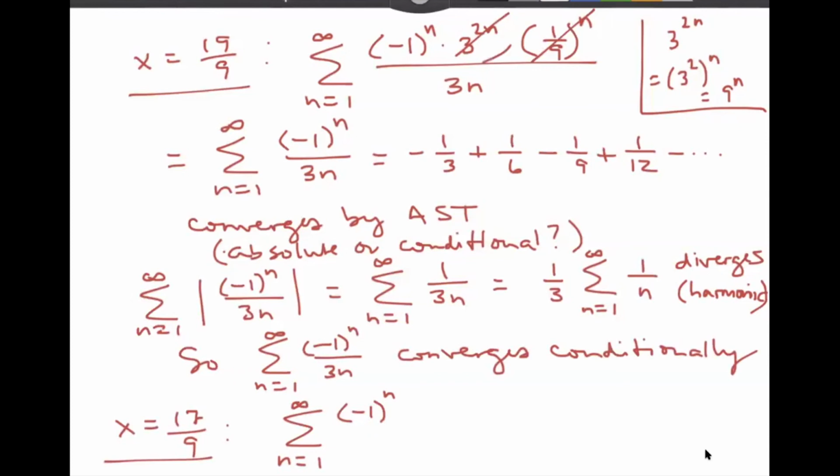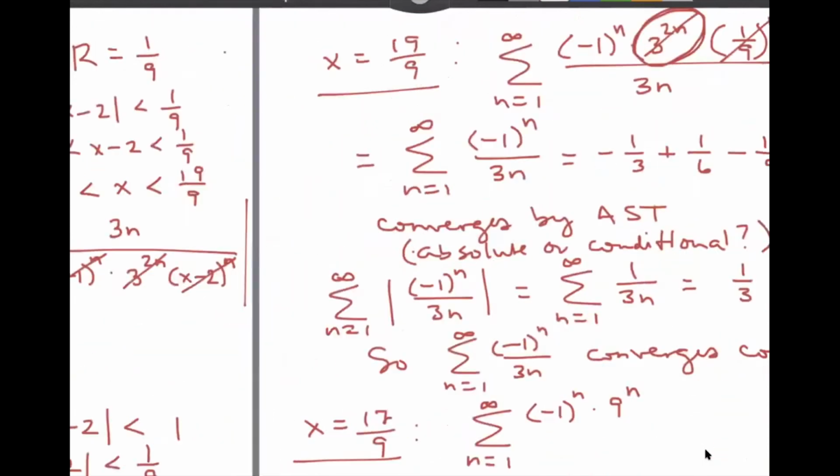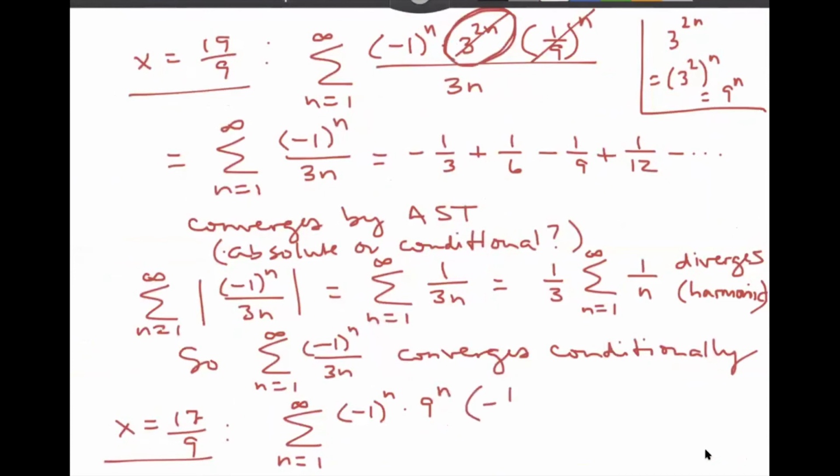You know what? I'm going to take this 3 to the 2n and write it as 9 to the n, because I think that'll make life simpler. Now remember, the next factor was x minus 2 to the n, and now we're replacing x with 17 ninths. That's going to give us a -1/9 to the n here, and that's all over 3n.